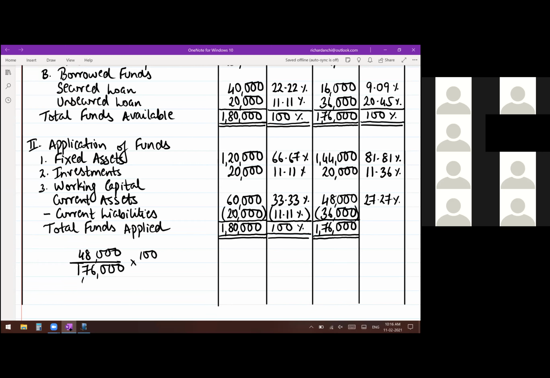If you look on top, unsecured loan, that also was 36,000 divided by 1,76,000. You had got 20.45%. Here also it will be 20.45%. Only thing, put it in a bracket because current liabilities have to be subtracted. If you add up, you should get the total as 100%.